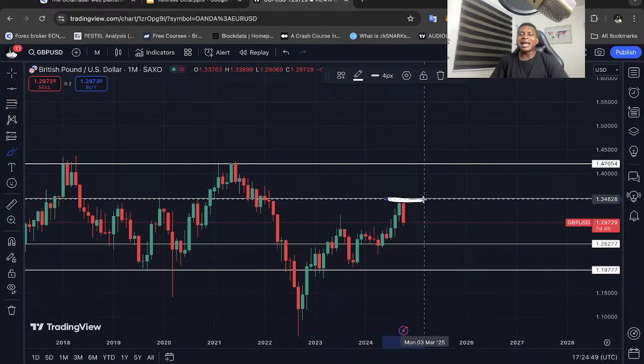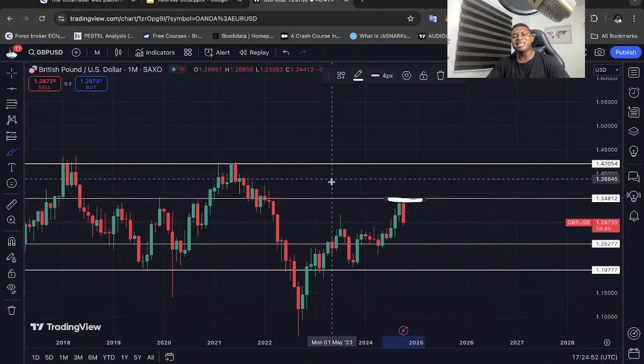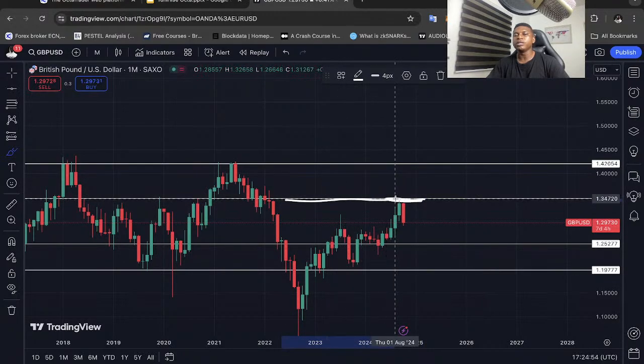One of the things we need to understand in price action, I'm going to give you this trick or tip, is that when price comes to a level it has never gotten to in the last 12 months, there is a higher probability and chance that price would reverse from that level.